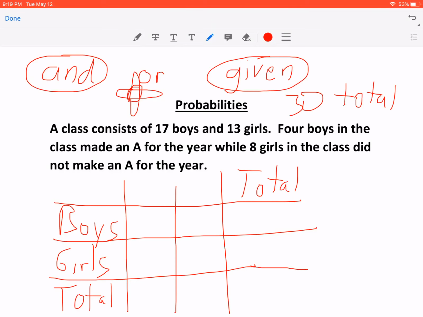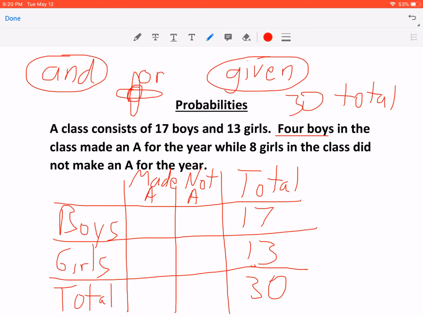Alright, so either you made an A or did not make an A. That's it. Okay? Based on what they're saying, there were 17 boys, so that's a total, and 13 girls, so the grand total should be 30 in the class.